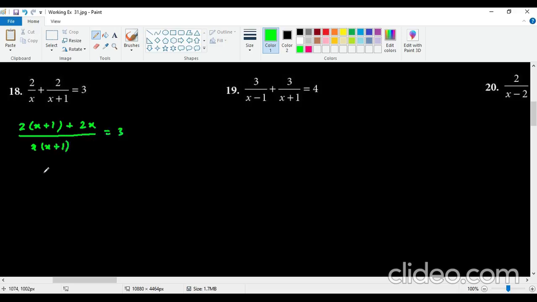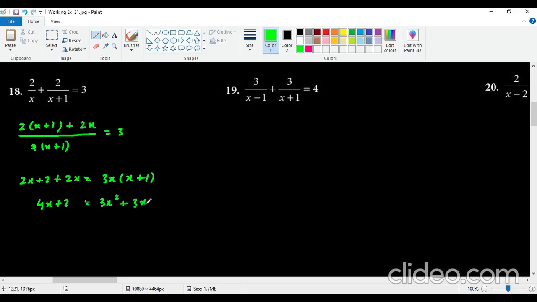So expanding the bracket on top, 2x plus 2 plus 2x equals 3x multiplied by x plus 1. Now it turns out to be 2x and 2x is going to become 4x. 4x plus 2 on this side, and the other side is going to be 3x squared plus 3x.